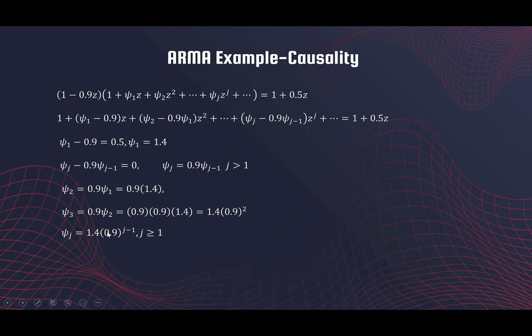J is equal to 1, this is 0, so it's 1.4, and we know this is 1.4. So we have all the psi terms. So with this, we know that we can rewrite xt in this particular fashion. So this is another representation of the ARMA 1-1 process, or of this particular ARMA 1-1 model.